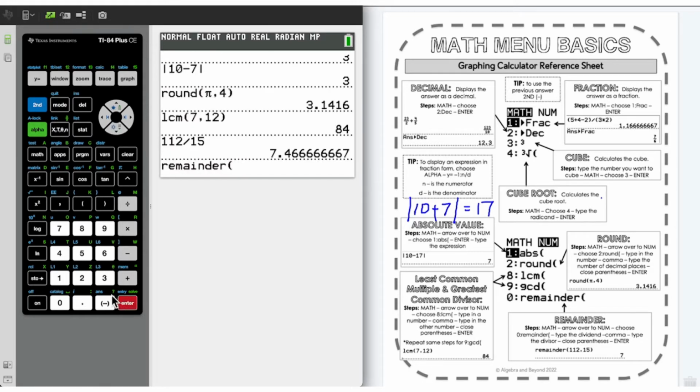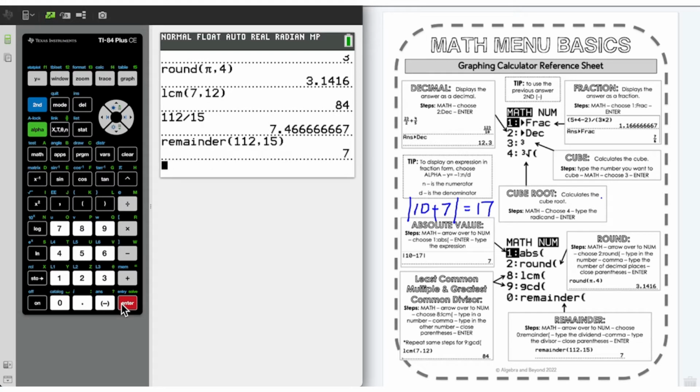And then we'll select our dividend divided by the divisor, which is 15, and enter. And it'll say, based on this division, 7 should be our remainder. So those are some basic things for the math menu that are very helpful for students.